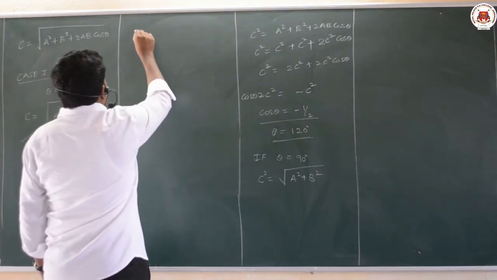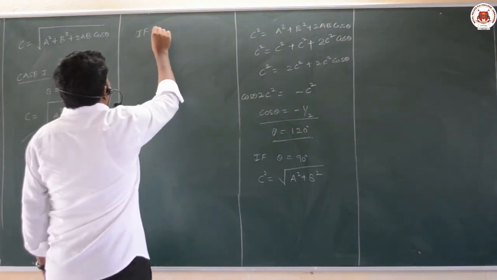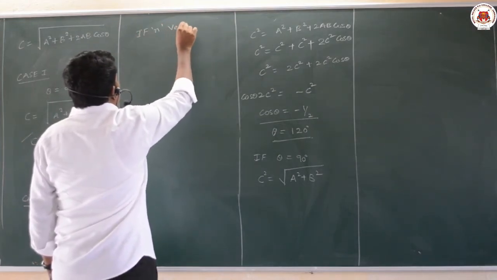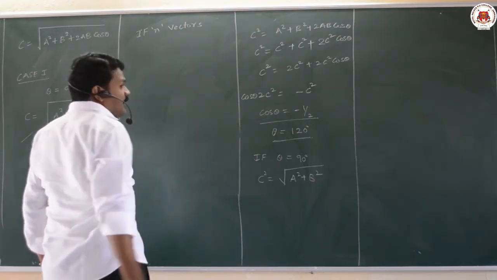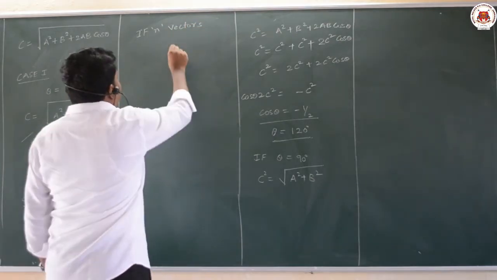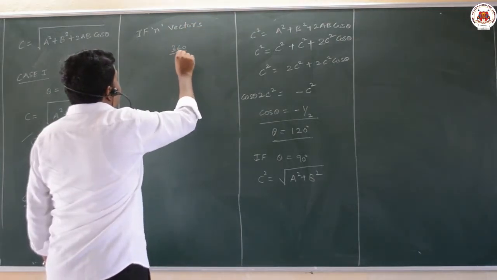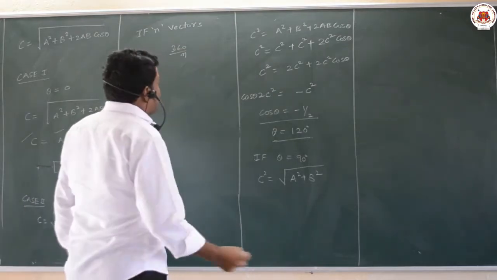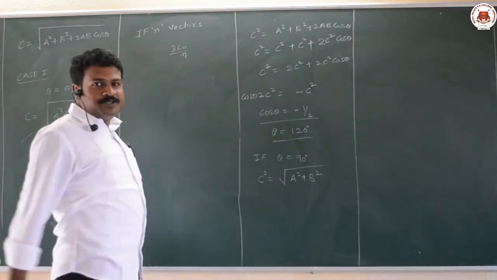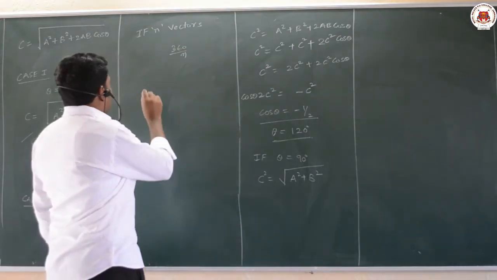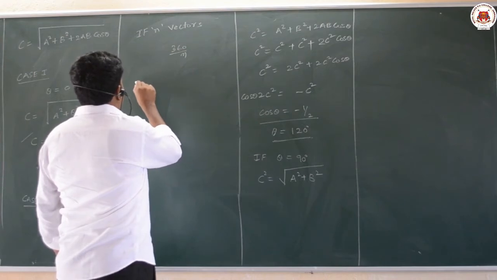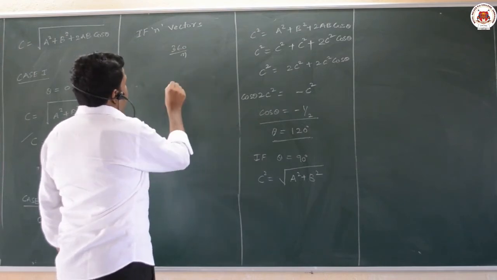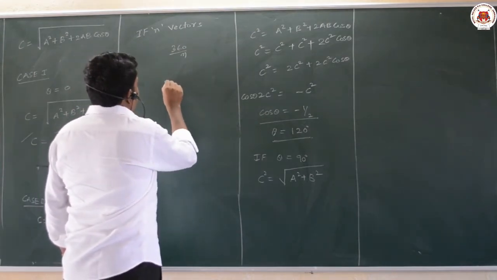If n vectors which are equal are oriented at an angle of 360 by n with the next vector, then the resultant will be equal to 0. Let me take two equal vectors, so n is equal to 2.